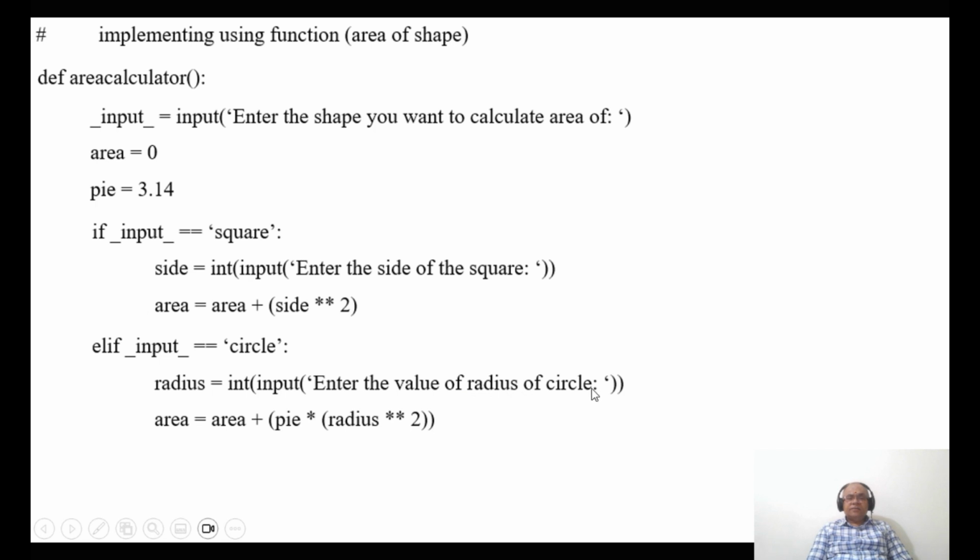The area of a circle is pi r square. So area is equal to area plus pi into radius square. So you will get the area of a circle.